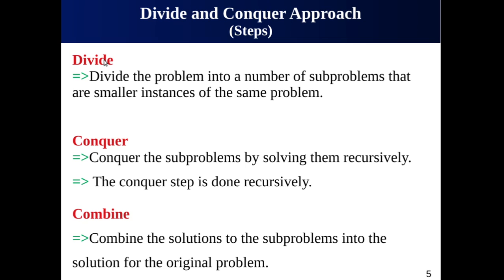The type must be the same. Also, the division occurs in a manner that the subproblems will contain an equal number of elements, or you can say the sizes are going to be equal. So one of the main steps of the divide and conquer approach is to divide the problem. The second step is known as the conquer.